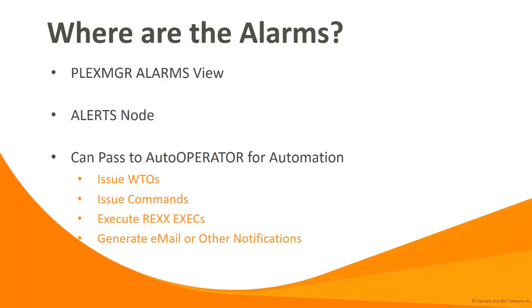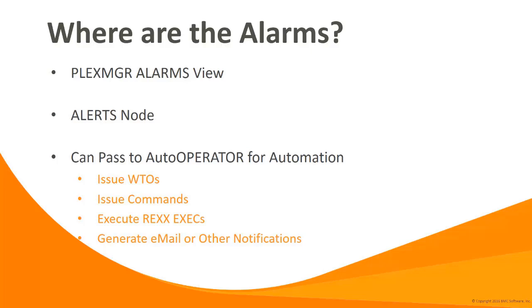And of course, we could pass the alarms to automation. Auto Operator, again, is our preferred solution, and it has some additional synergies, but we can interface to other automation solutions by issuing WTOs where they can be tracked by your automation solution and then take some sort of action. AO, or your other automation products, can do additional things.